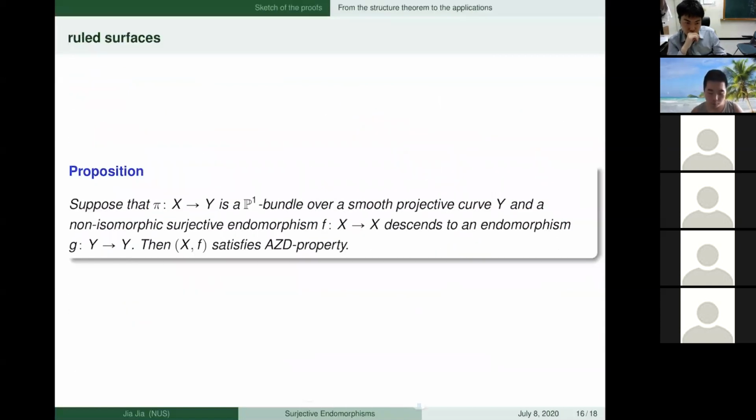If we have a P1 bundle from a normal projective surface to a smooth projective curve, then this pair (X, F) satisfies the AZD property. This is proved by Junyi Xie.